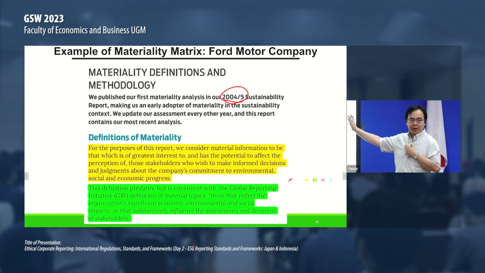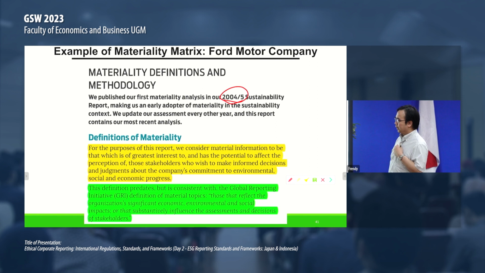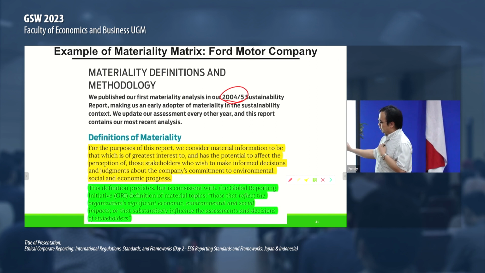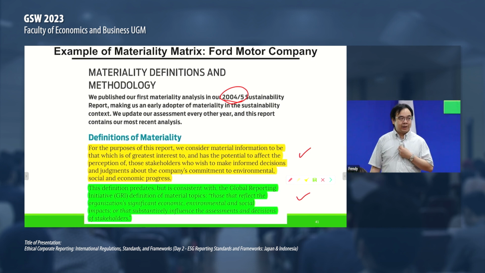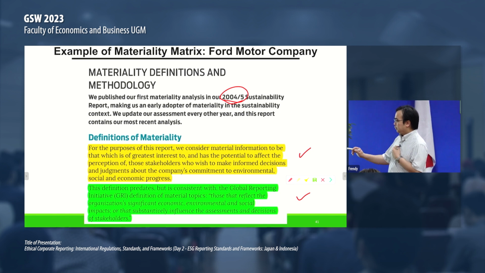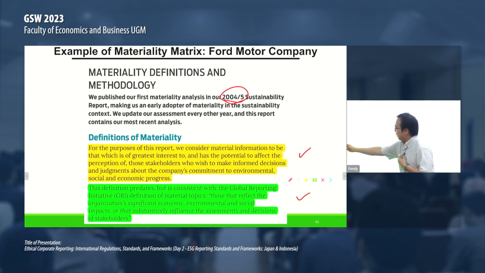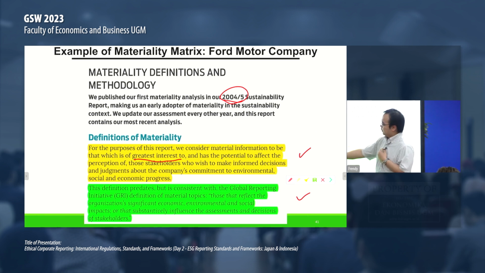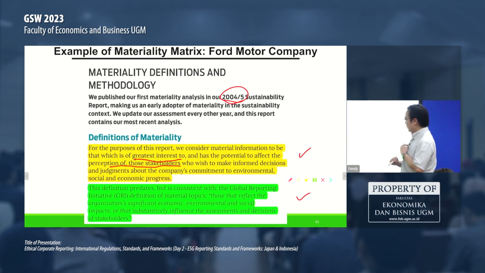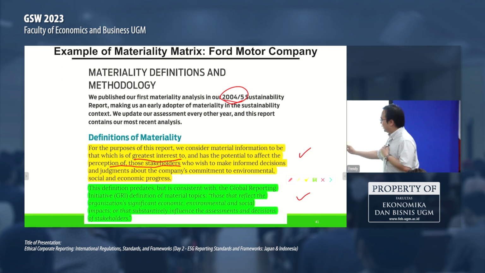It's nothing new, okay, in terms of sustainability reporting. So the company defines materiality pretty much as we just discussed, right? Here, greatest interest, okay? It could affect the perception of stakeholders to make decisions.